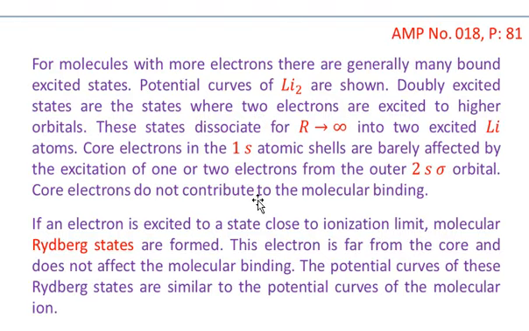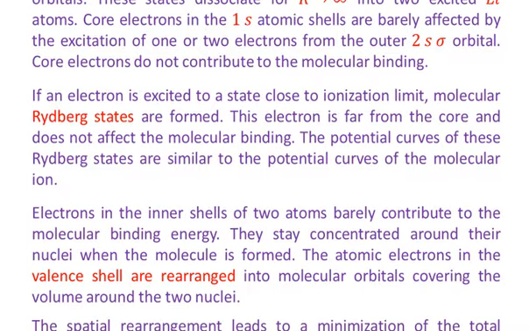Core electrons do not contribute to the molecular binding. If there are core electrons very close to the nuclei in a molecule, then of course these core electrons do not contribute much to the molecular binding.